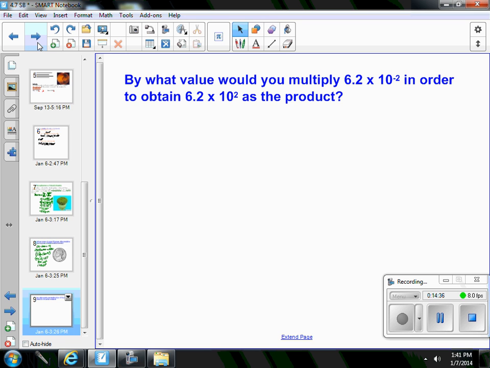You're starting off with 6.2 times 10 to the negative 2. You're going to take that number and you're going to have to multiply it times something in order to obtain 6.2 times 10 to the second as the product. Again, the powers are dealing with decimal places. So your answer will be a 10 to a certain power.